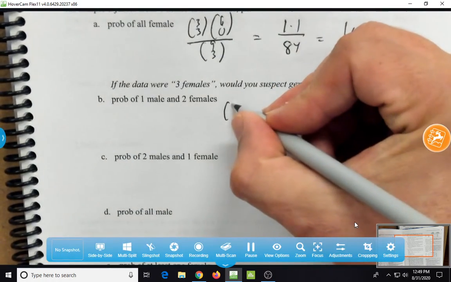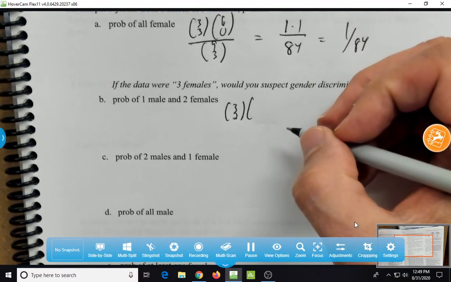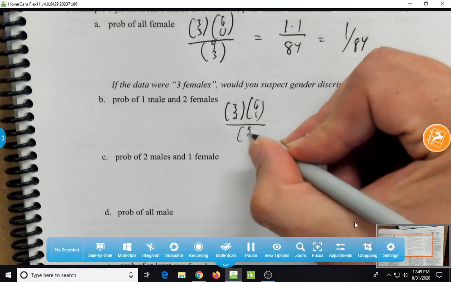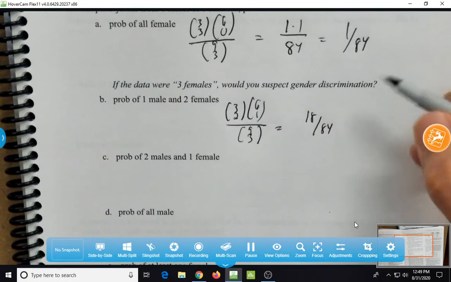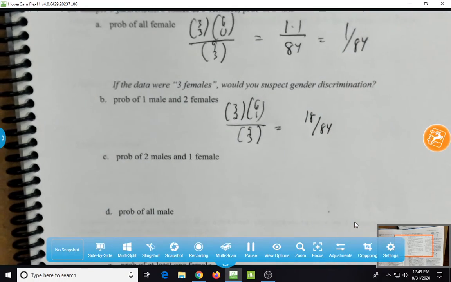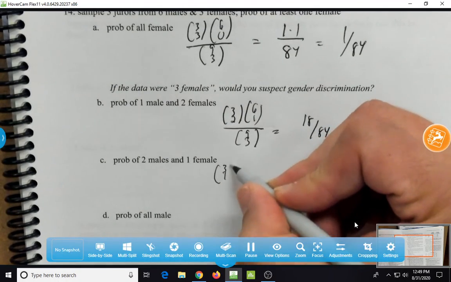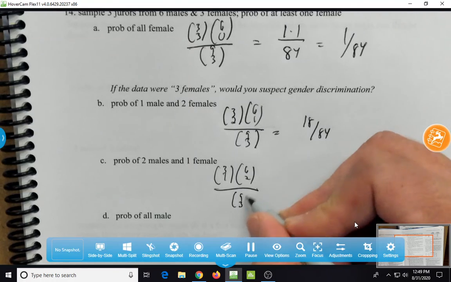For females, I do 3 choose 2, and for the males, 6 choose 1, over 9 choose 3, and I got 18 over 84. I'm going to keep them in 84ths because that works okay for me. So 3 choose 1, 6 choose 2, over 9 choose 3.